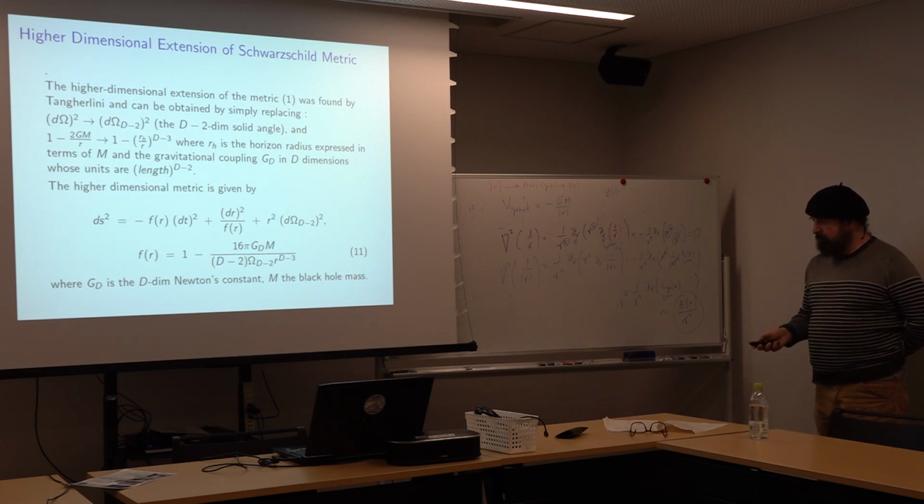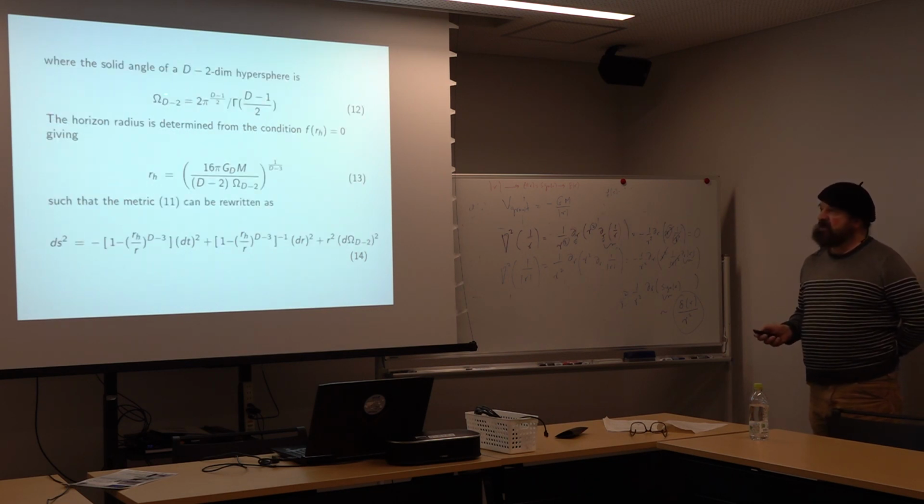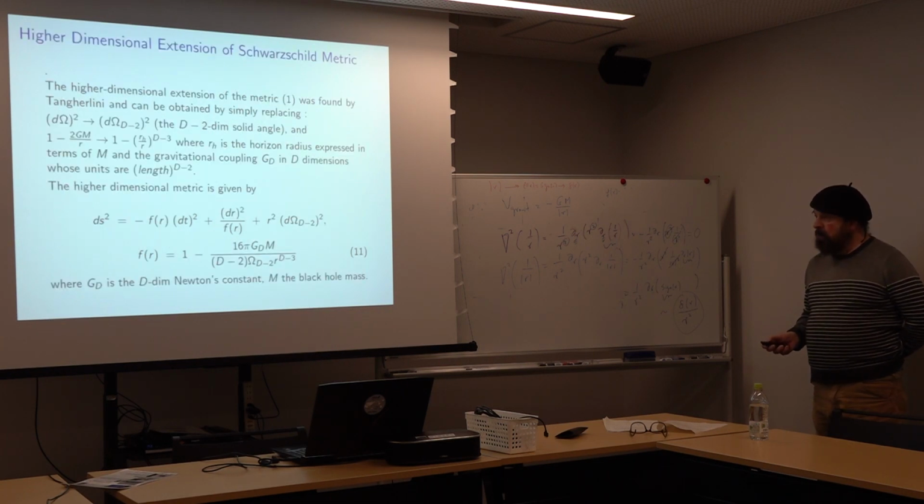Okay, so I'm just going to go forward here. This is the solid angle in d minus 2 dimensions. It's given in terms of the gamma functions. And then the horizon radius is determined from the condition that when the radius equals the horizon radius, this expression becomes 0. f of r becomes 0 at the horizon.